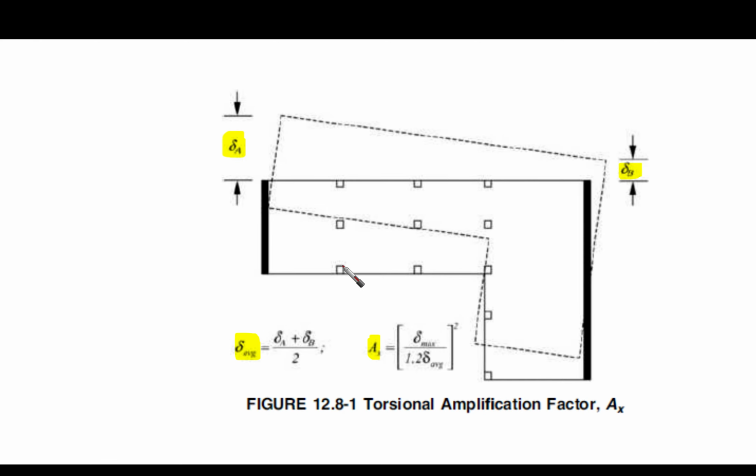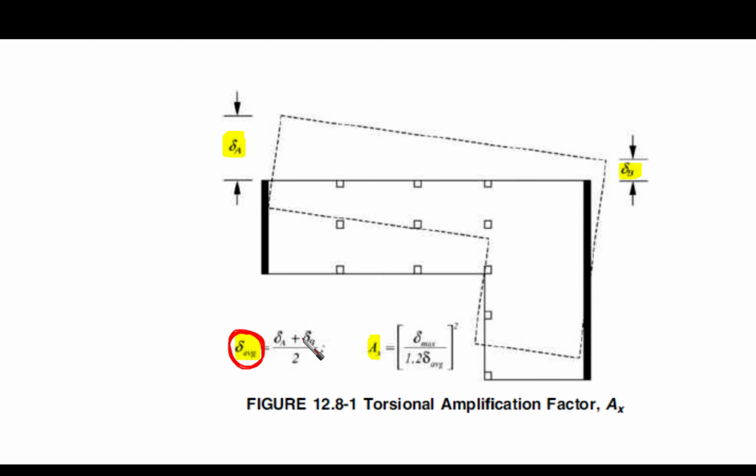This is the figure here. So if we have the average, the condition here, if you remember, is that for the torsional irregularity or horizontal irregularity, we have delta A and delta B over 2, where delta A and delta B are the edges' inelastic displacements, and we take the average of them.